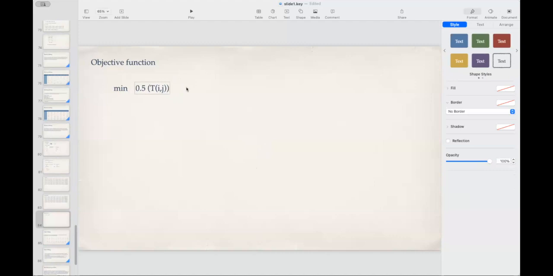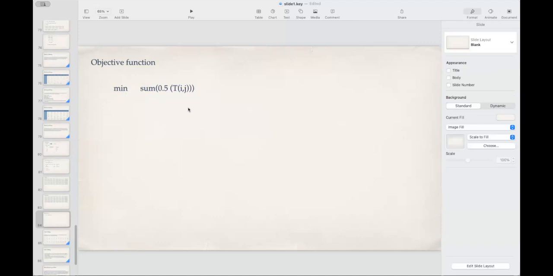And of course, we need summation of all elements in this, because T-i-j is a matrix. You multiply each element by 0.5, and you sum up all elements together. We get the cost. Yes, sum and sum again. But yeah, it's pseudocode, it's not coding. We have to sum all elements together until we get the scalar.